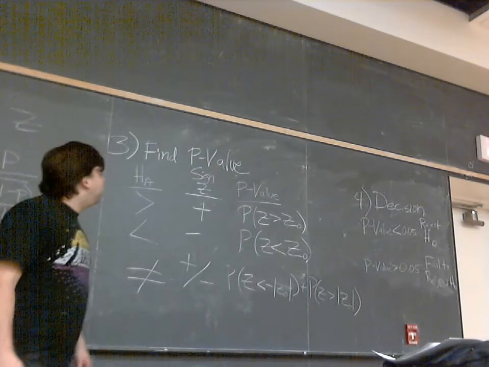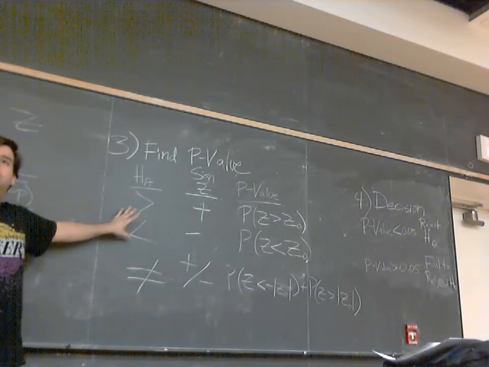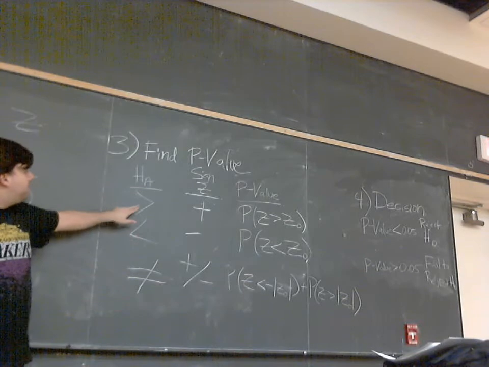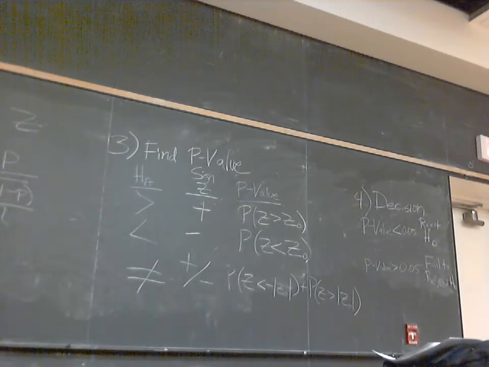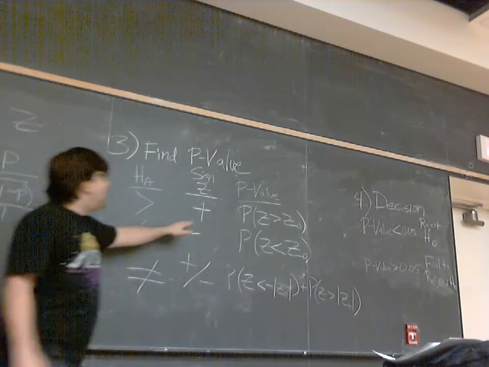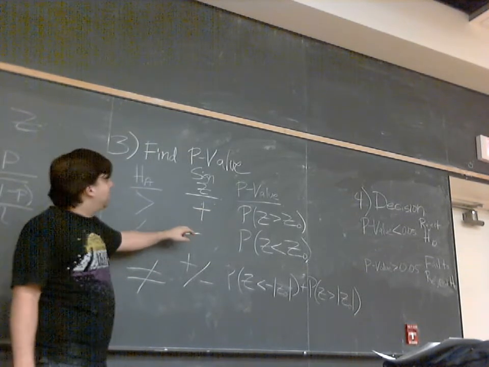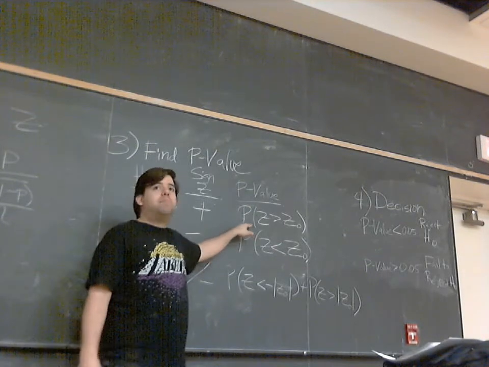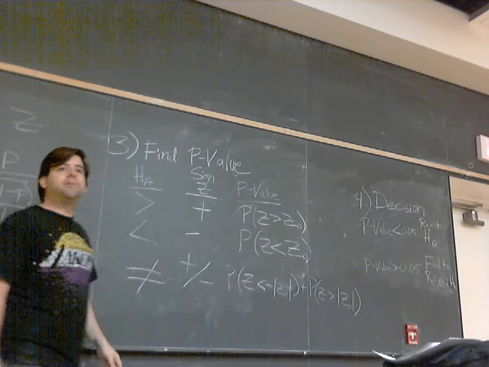We find that p-value using the table I gave in last class; you may want to have this for your cheat sheet. If I correctly chose the greater than alternative, then I should get a positive z-score. If I don't, then I've made a mistake. And then the p-value is just the probability that z is above whatever value I got for that z-score.